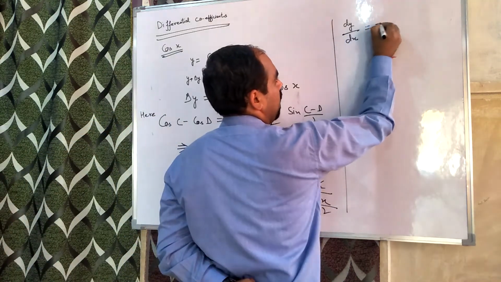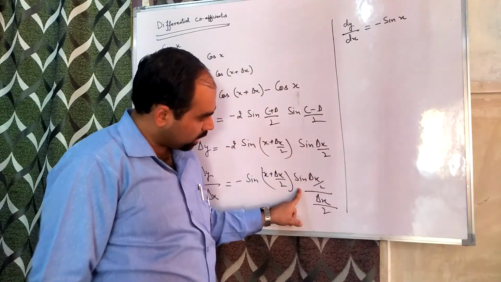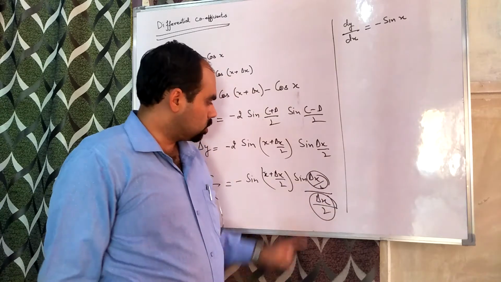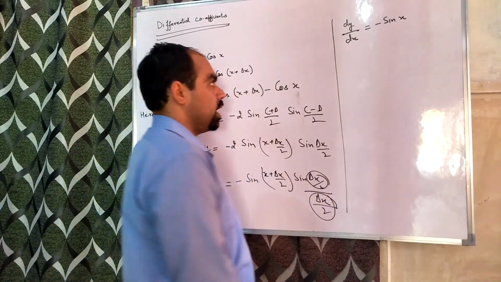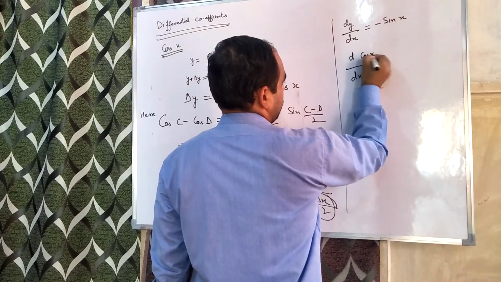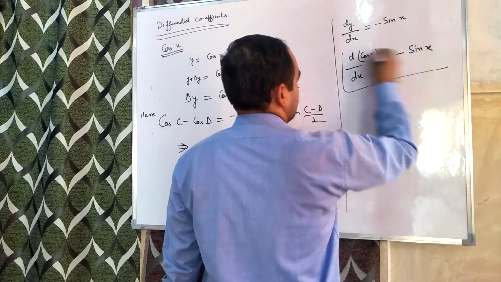So we are left with minus sine x. This is again sine theta upon theta, so the limit approaching 0 gives you the theta by theta identity 1. So d by dx of cos x is equal to minus sine of x.